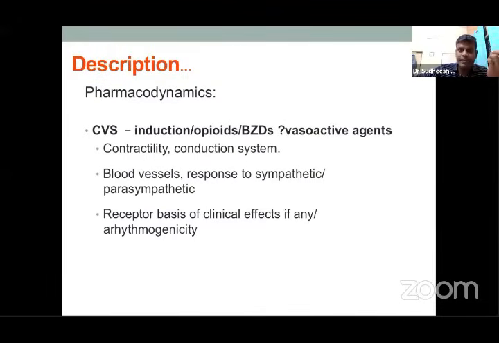For example, if I quote an example, mephentermine versus noradrenaline. Mephentermine is an indirectly acting beta-1 receptor agonist.